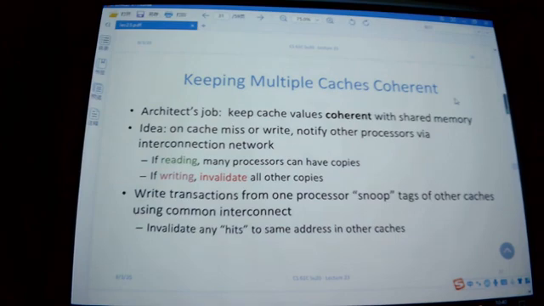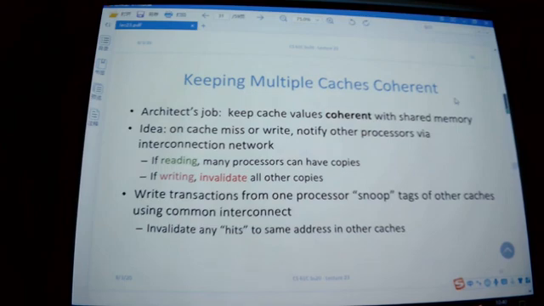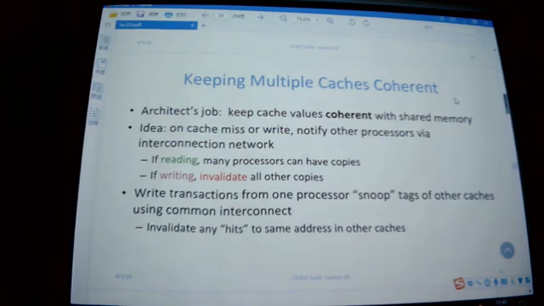So the idea is, on a cache miss or write, notify all other processors by the interconnection network. If reading, this is simple. Reading doesn't change anything. Reading can't change numbers. If we use a reading operation, the number in cache and the number in memory are the same, and these numbers can't be changed.